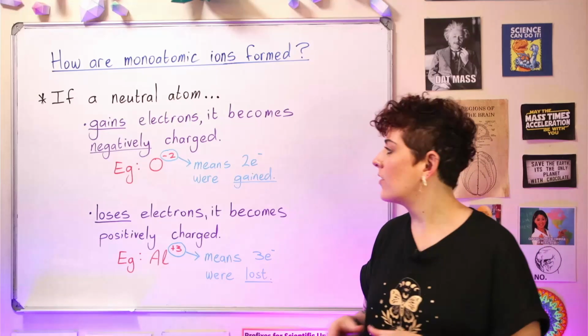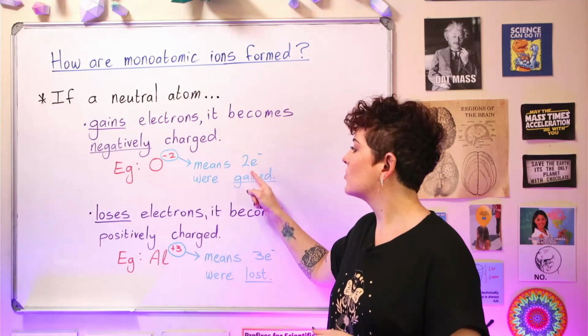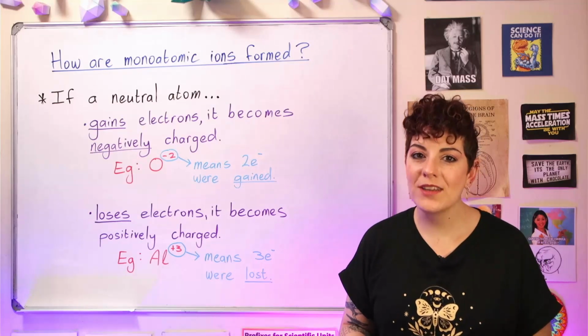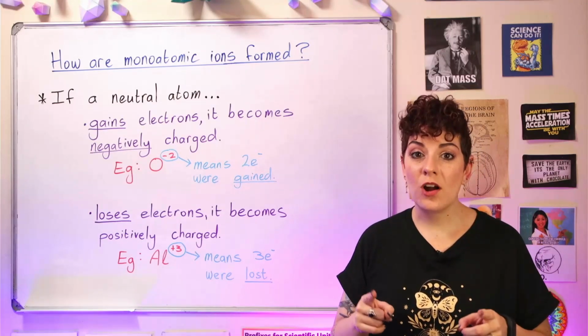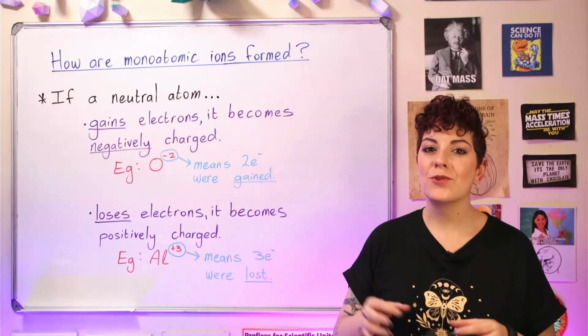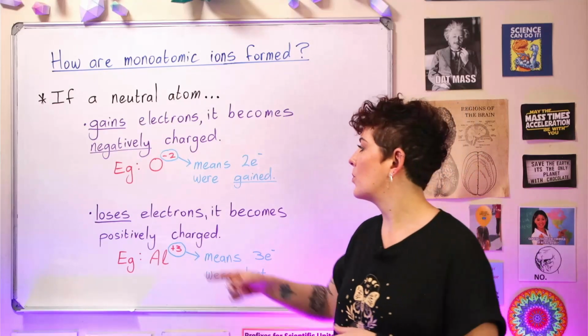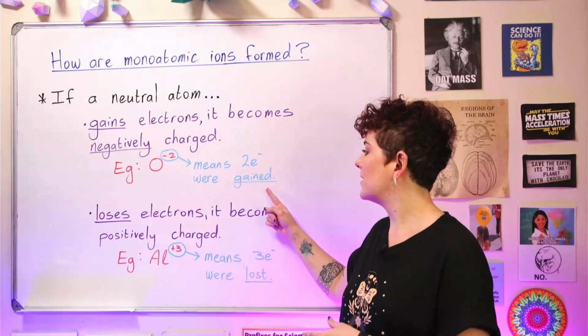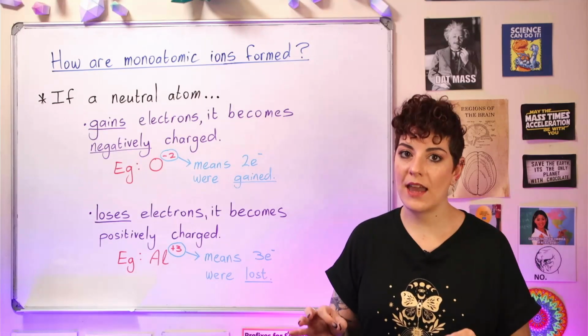A charge of -2 means that 2 electrons were gained, because every time you gain an electron, your charge gets more negative by 1. So if you gain 2 electrons, then you land up with a charge of -2. So a charge of -2 means 2 electrons were gained.